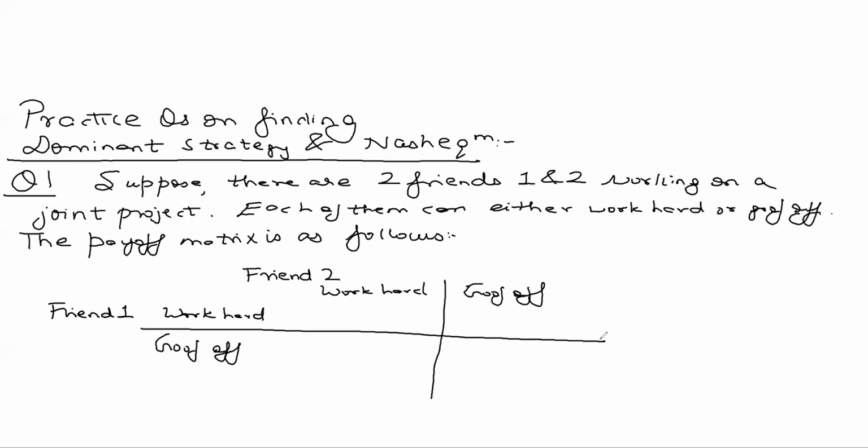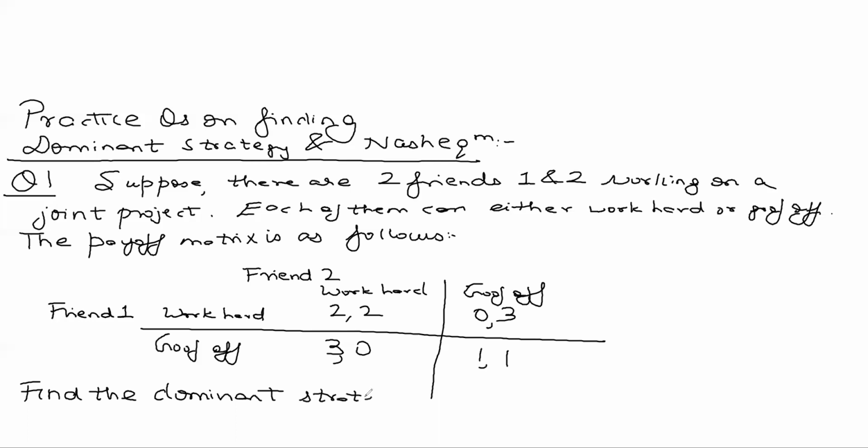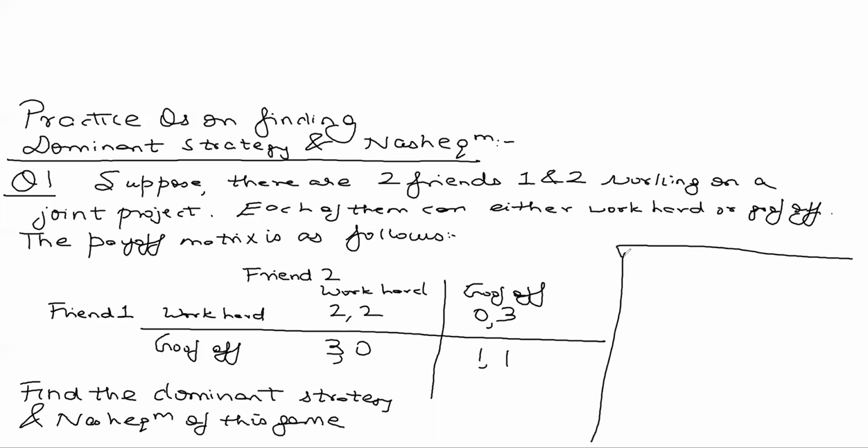And the matrix is given to us as 2 comma 2, 0 comma 3, 3 comma 0 and 1 comma 1. The question asks us to find the dominant strategy and the Nash equilibrium of this game. So let's look on to the solution.